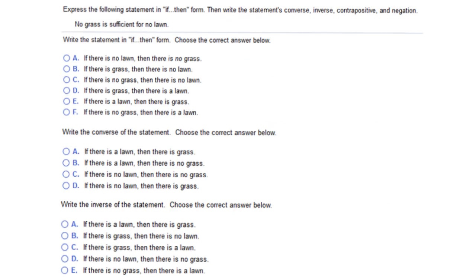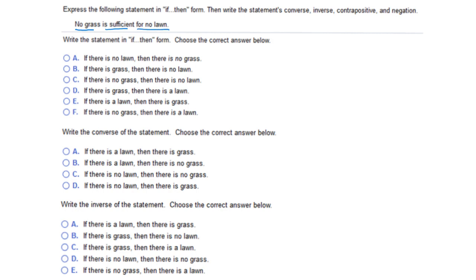Express the following statement in if-then form, then write the statement's converse, inverse, contrapositive, and negation. So it reads, no grass is sufficient for no lawn.